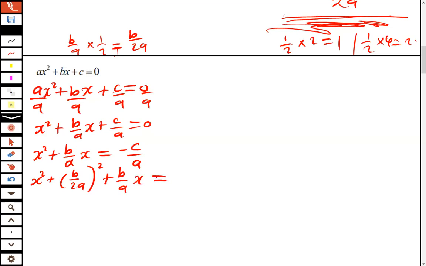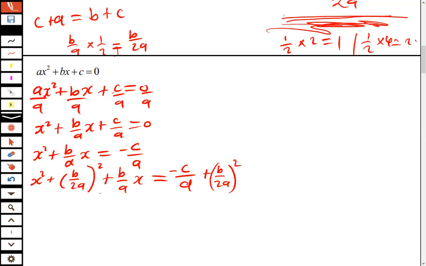Then this is equal to, remember the time we started looking at equalities of equations: whatever you do on one side of the equation, you also do on the other side. Remember, A is equal to B: if you add C this side, you also have to add C this side. Since we have added b over 2a squared on this side, the other side will also be added by b over 2a, squared.